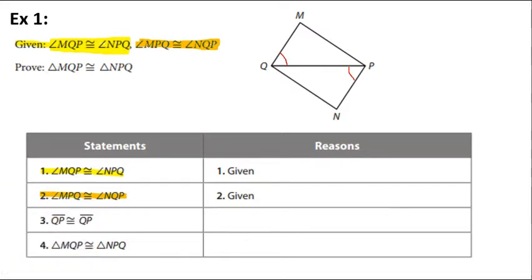So angle MPQ. In this case, I'm going to put this as two angle marks, just to show that that's a different angle than the first two I marked. And it says congruent to angle NQP. So NQP, which means it's this angle right here.